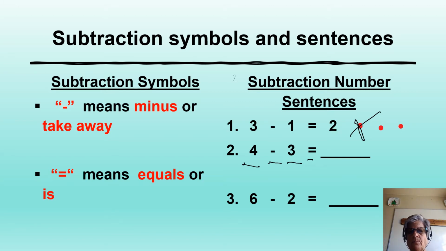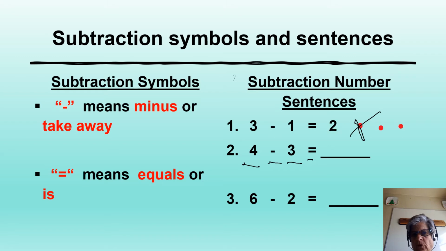Remember to write the number 4, then do the minus symbol, then do the number 3, and then do equal, and you will stop right there. Then when you're done, put down your pencil.